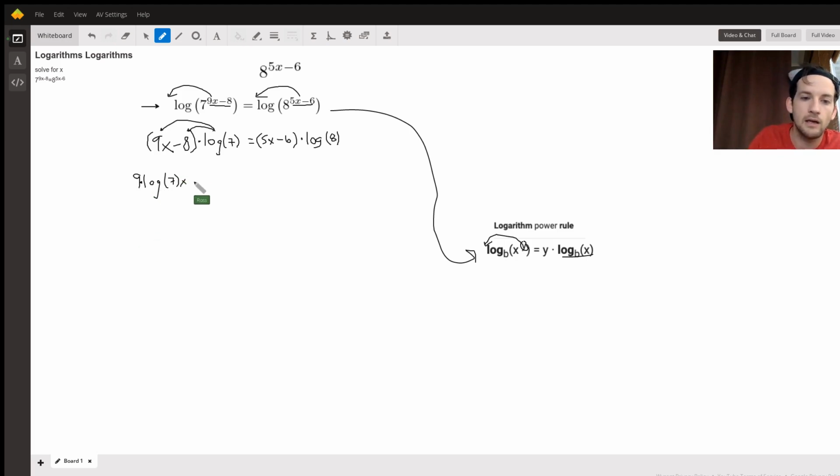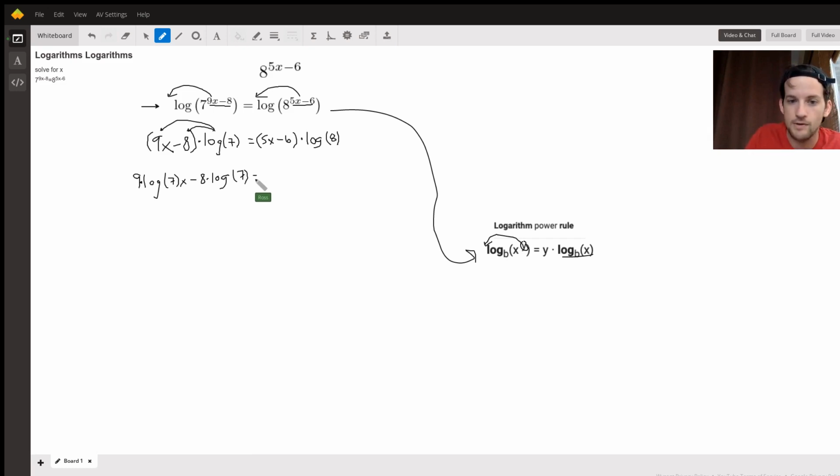And for the negative 8, I'm just going to put minus 8 times log of 7. Now, like I said, you could put that into your calculator and see what you get. I wouldn't, because it's going to give you a really messy decimal, and then you have to have that thing floating around the whole time, and it's just going to be a mess. So it's way easier just to leave stuff like it is, leave the log there, and save it to the end.